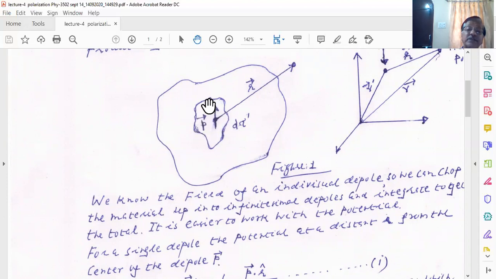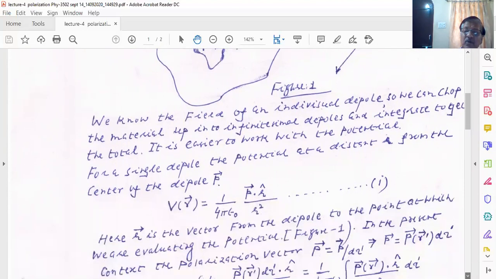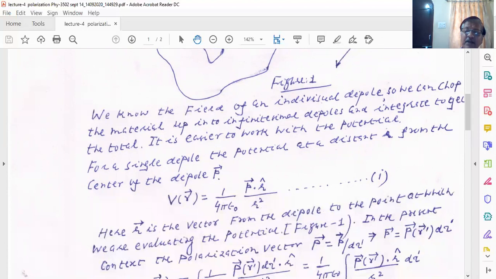The polarization density vector, capital vector P, is dipole moment per unit volume. So here I am writing this: vector P, that is the polarization vector, is dipole moment per unit volume.